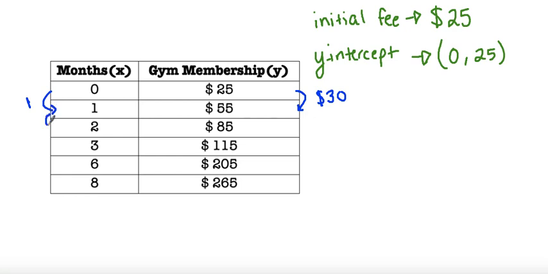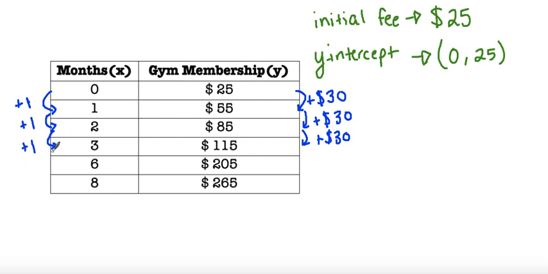So from 1 month to 2 months, that's an additional month. That'll be an additional $30. And then from 2 months to 3 months, that's an additional month, and that'll be an additional $30.